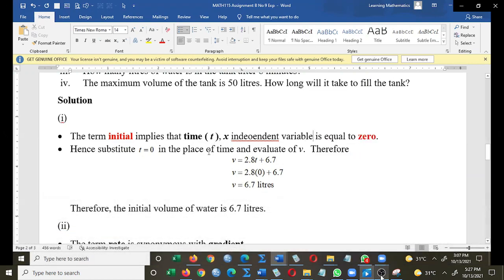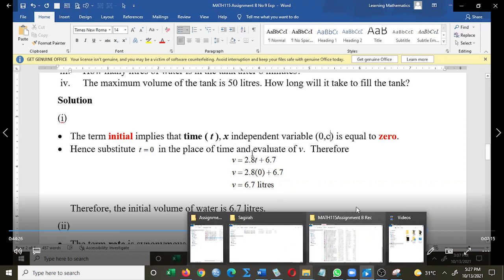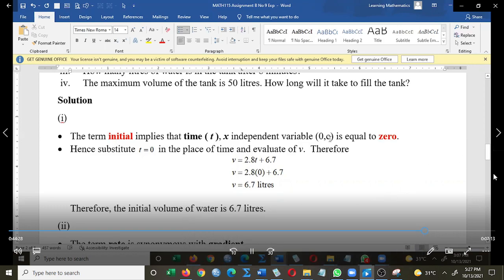Remember, it's (0, c). So when you hear initial, think of 0, and who is 0? x is 0.